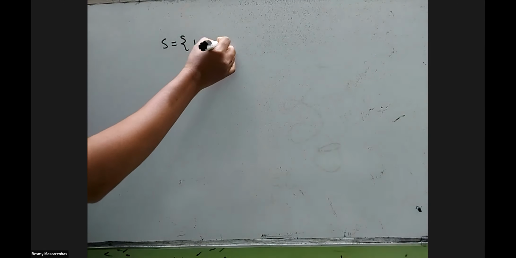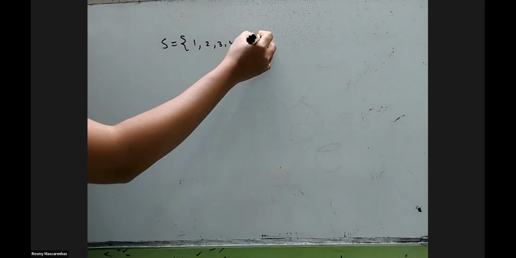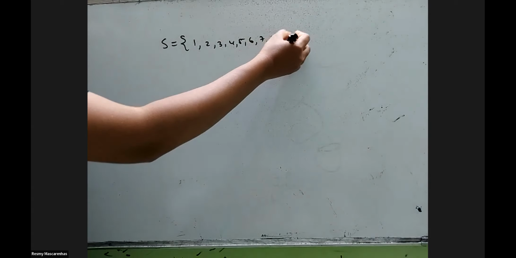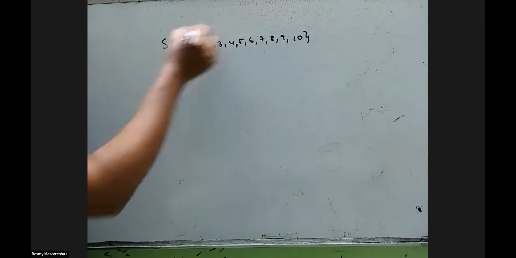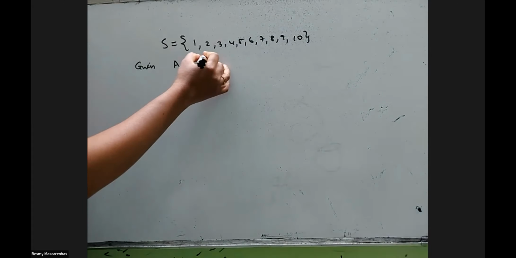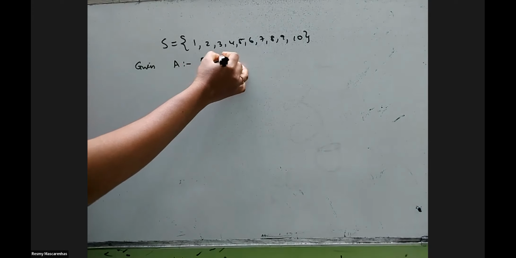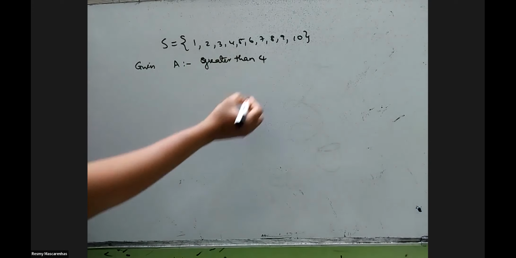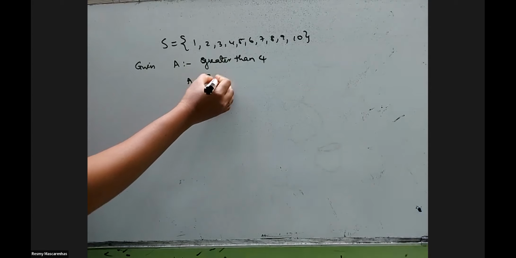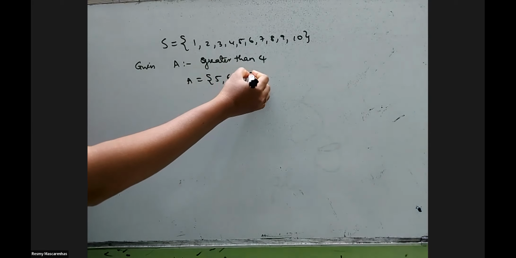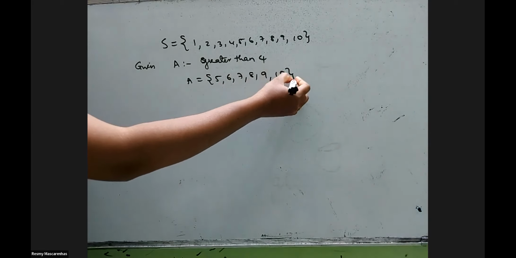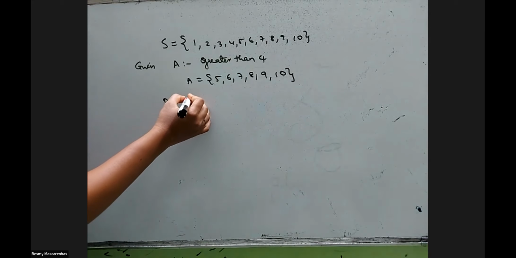So the sample space, there are 10 tickets. Given event A is what? Greater than 4 is there on the ticket. A will be 5, 6, 7, 8, 9, 10. B is what?